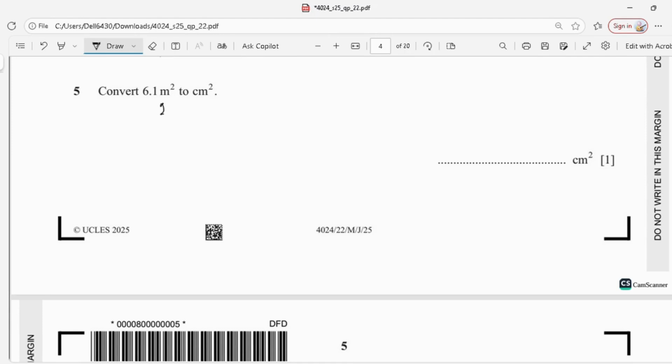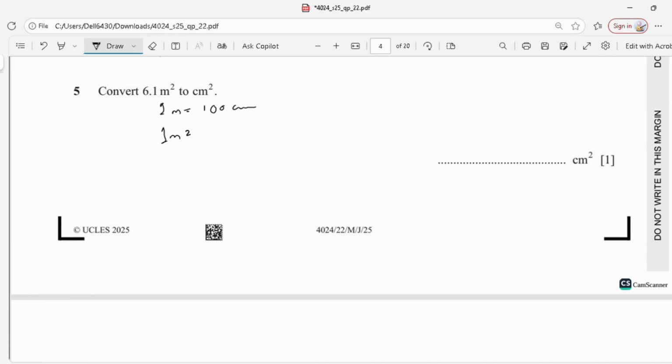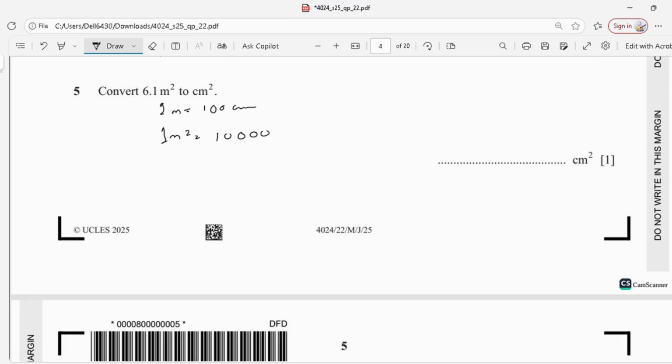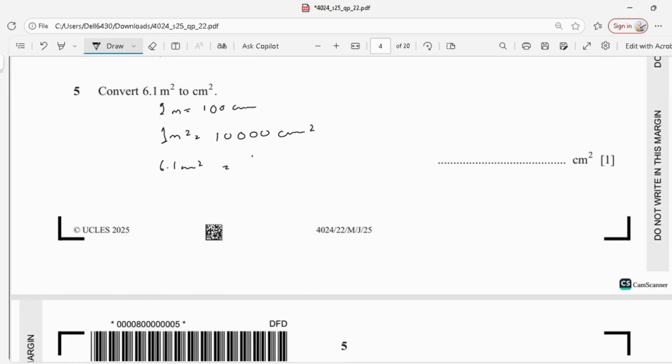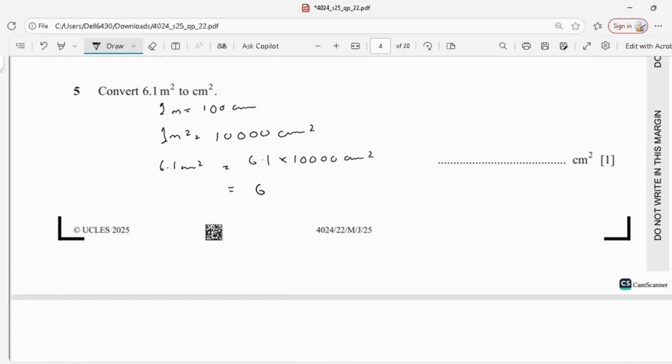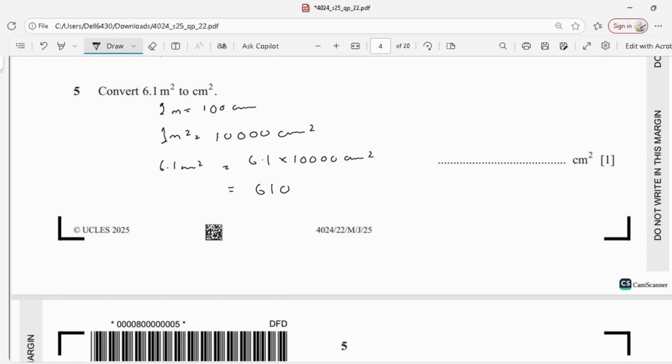Since 1 meter is equal to 100 centimeters, 1 m² is equal to 10,000 cm². So 6.1 m² is equal to 6.1 into 10,000 cm². So the decimal will be shifted 1, 2, 3, 4 places. It will be 61,000 cm².